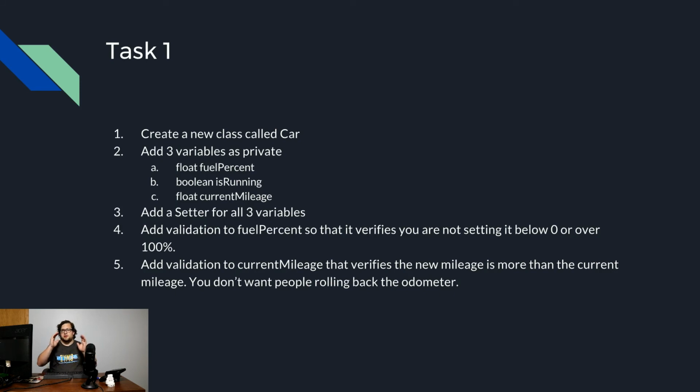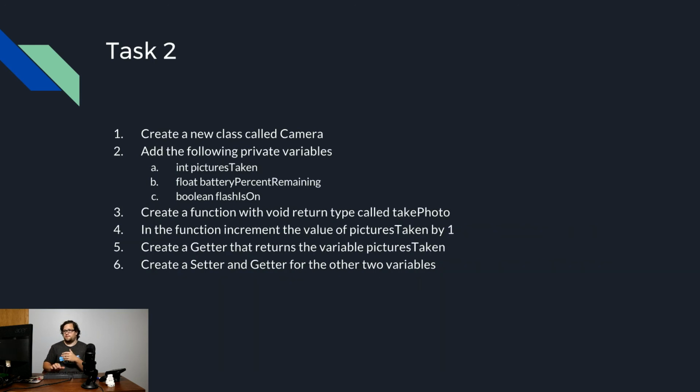So just make sure that whatever number is getting set is within the range of 0.0 and 100.0. Then I want you to add validation to the current mileage, because you should never be able to roll back your mileage. So when a new number comes in, make sure it's larger than the last number. And ultimately, those are 2 good examples that I could come up with for why validation would be important.